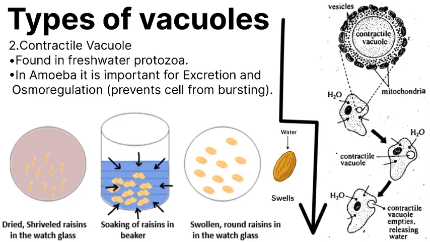In the second step, you can see the formation of the contractile vacuole, where inside the cytoplasm small vesicles collect excess water, and these vesicles gradually fuse together to form a large contractile vacuole. Have you noticed in the diagram there is a dotted structure surrounding the vacuole?